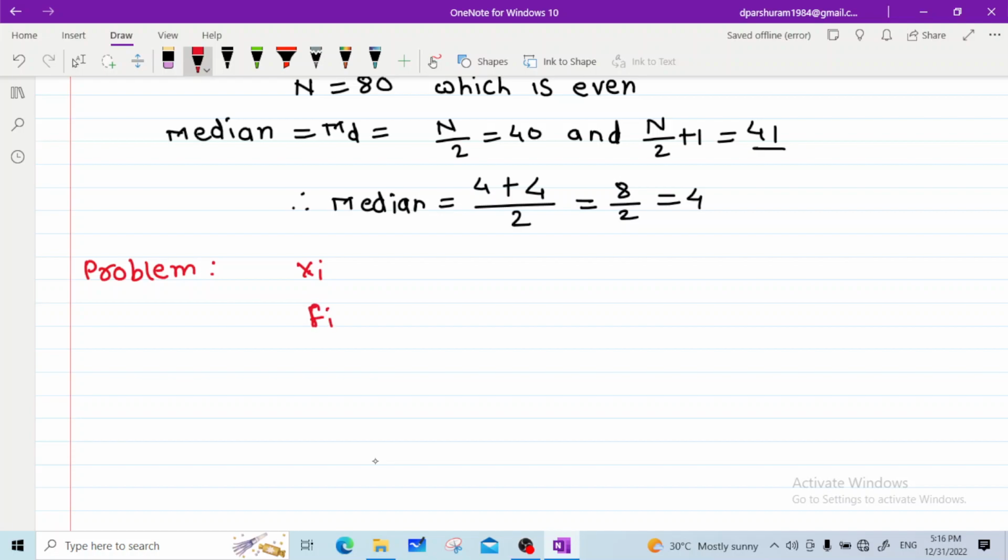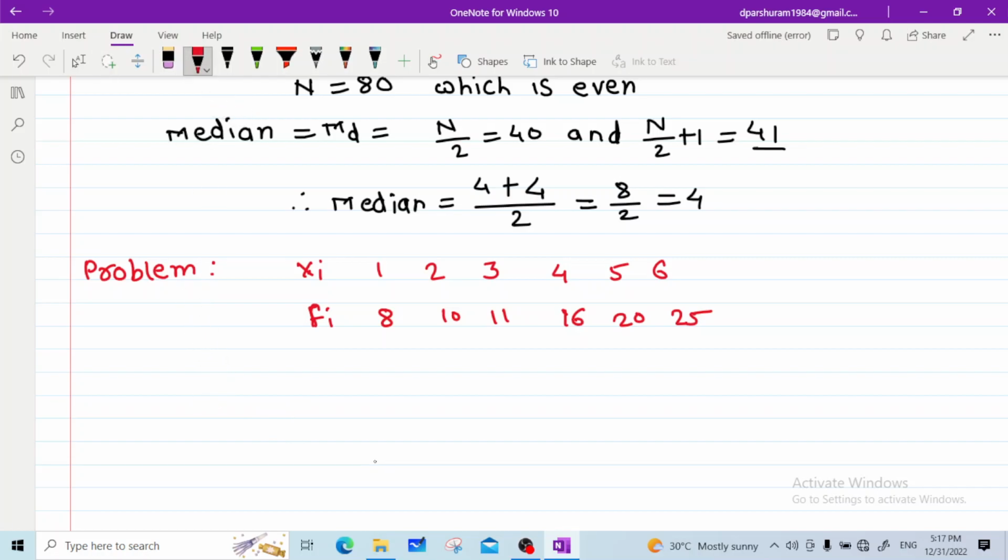The values of xi are 1, 2, 3, 4, 5, 6, and their respective frequencies are 8, 10, 11, 16, 20 and 25. Now we have to construct a table.